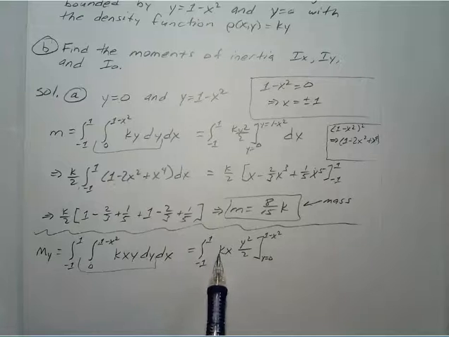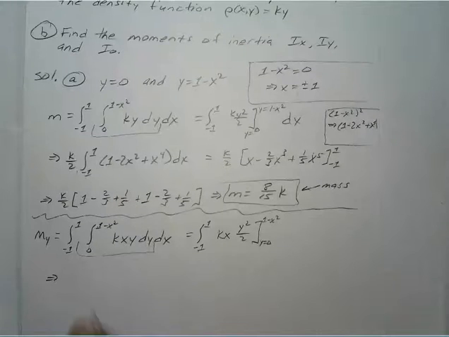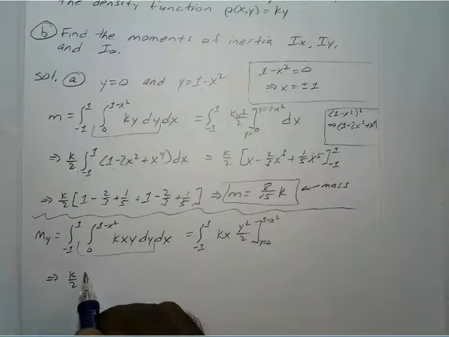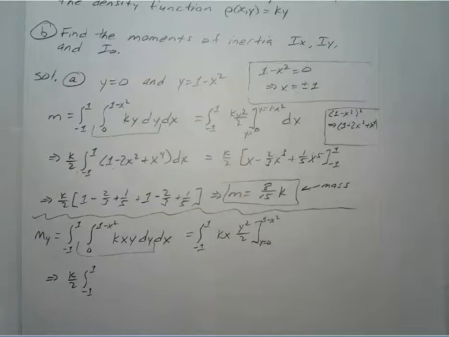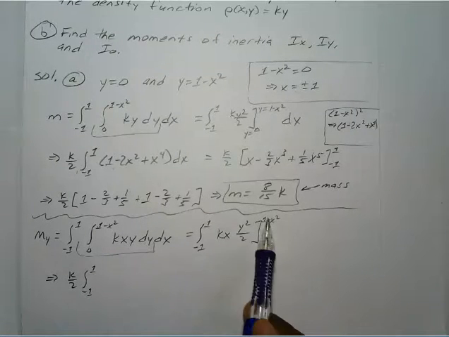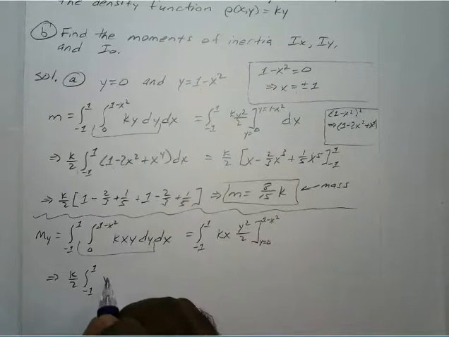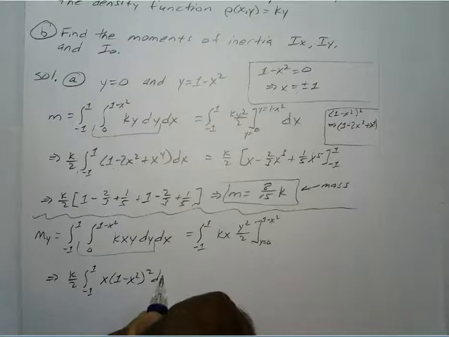Okay, so we're going to go ahead and factor out the k and the 1/2, just like we did up here, just to make it a little easier. So k over 2 times the integral from -1 to 1 leaves us with x times 1 minus x squared, squared, dx.